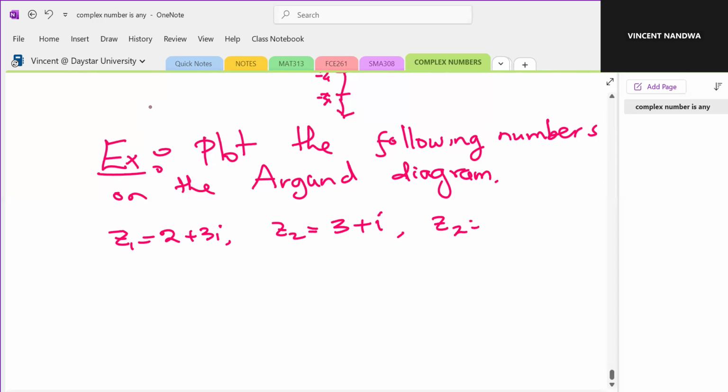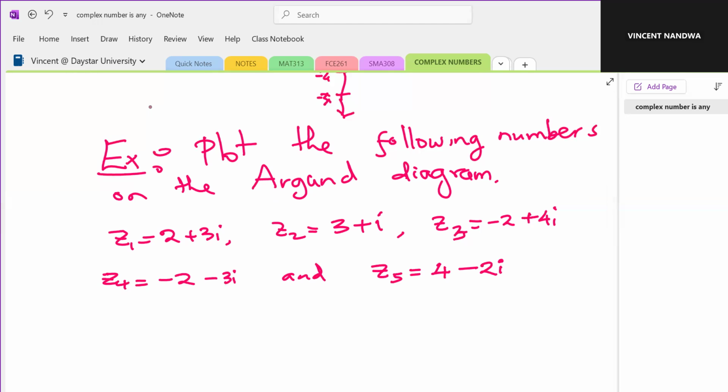Z3 is minus 2 plus 4i. Z4 is minus 2 minus 3i. And Z5 is 4 minus 2i. So these 5 numbers will help us to understand how we usually, in general, represent numbers in an Argand diagram.